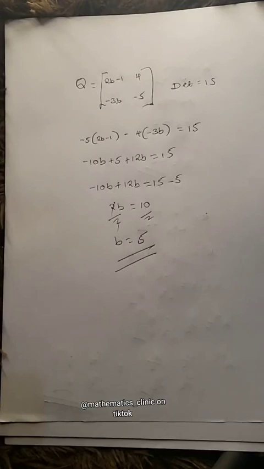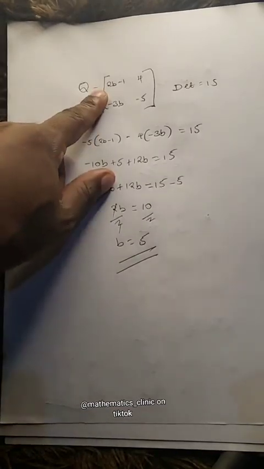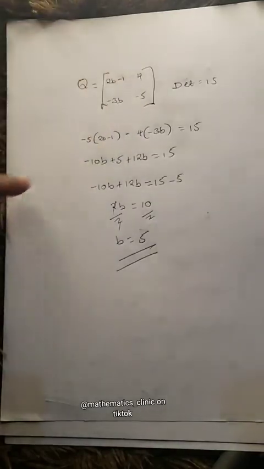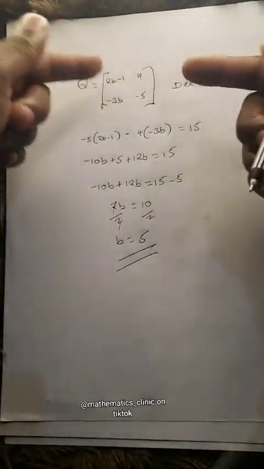All right, Zainab, the value of b has been found to be 5. Since now we know the value of b to be 5, the next thing they'll ask us to find is the inverse of this matrix. For us to find the inverse, we need a normal matrix without that b.